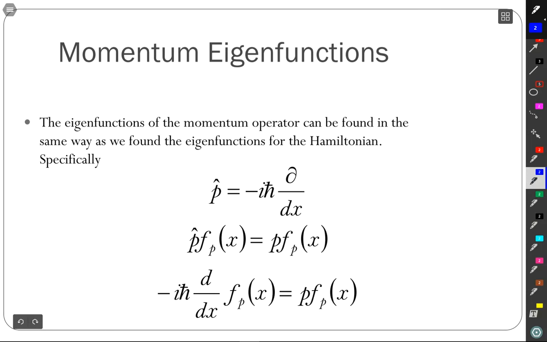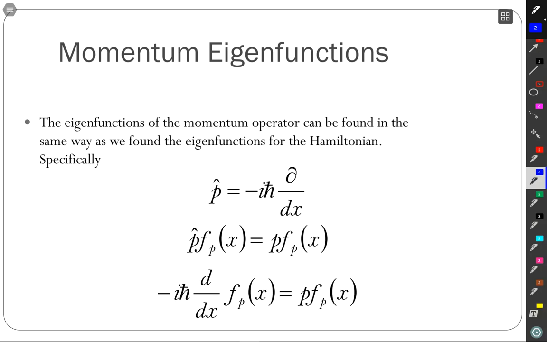And now we get to do some calculation. This is the thing that actually is somewhat relevant to that homework problem. I said we need to get to it. So the P operator is minus i h bar d/dx. And so what I want to find is the wave function for that P operator.